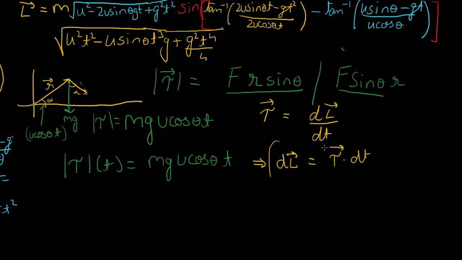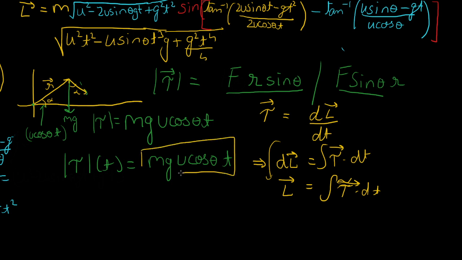So integrating this on both sides, we get angular momentum is equal to the integral of torque with respect to time. Now we have the torque as a function of time over here, so we just have to integrate this with respect to time so that we get the instantaneous angular momentum.